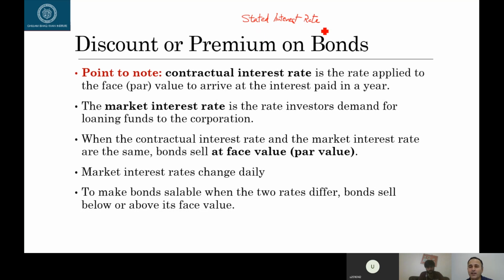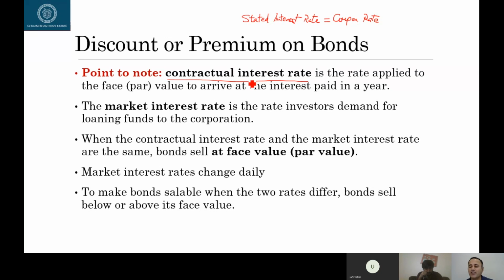That is the stated rate, which you can also call the coupon rate. That coupon rate is the contractual obligation of a company. So no matter what, even if your company is making losses, this is your contractual obligation. You have to pay that.